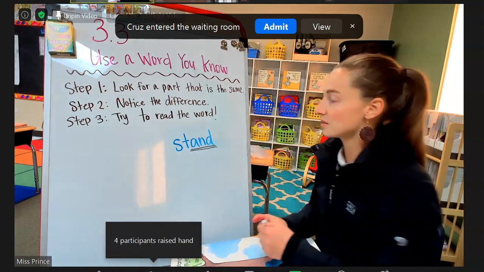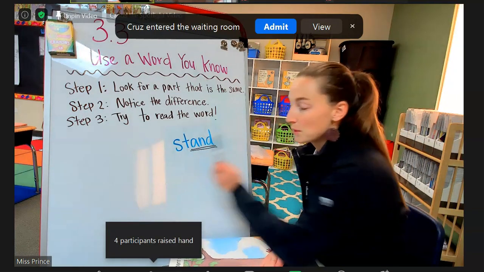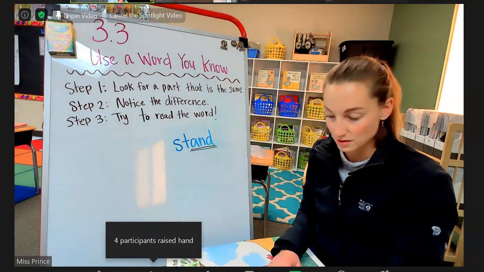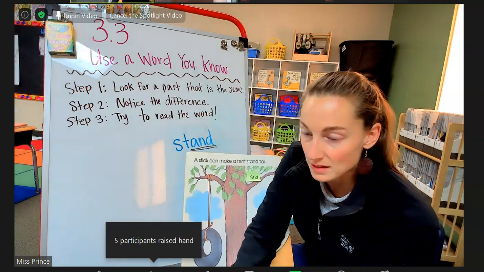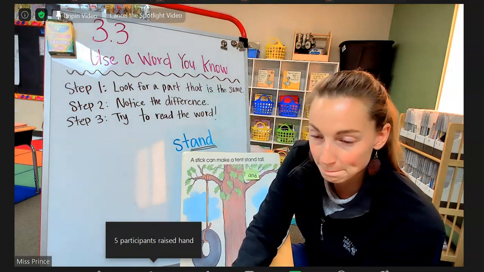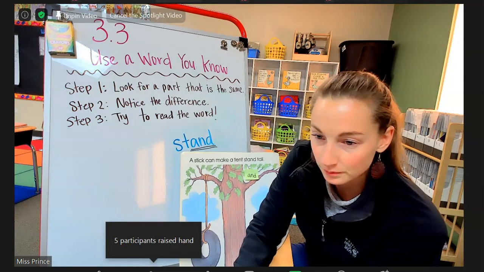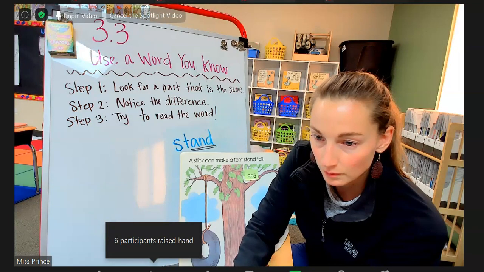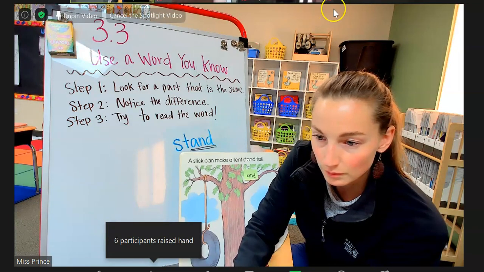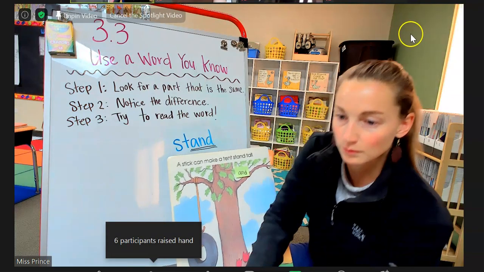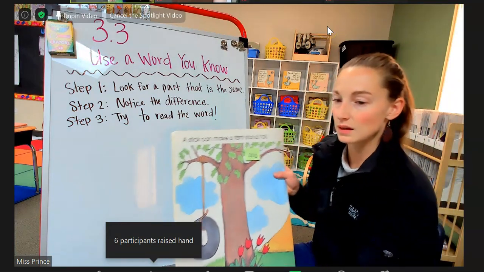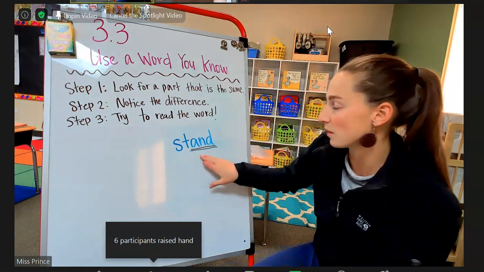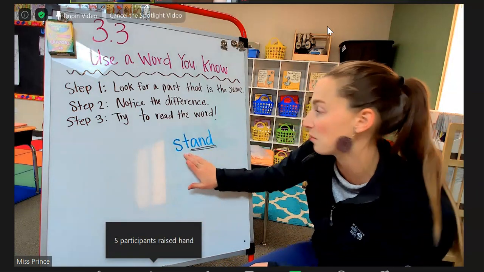So now I need to notice the different part, put my sounds together, and then say the word fast. So who can show me how to do that? Looking for raised hand. Eli O. Eli O, can you help me sound out this word? I know this says and, but I need help with the beginning.